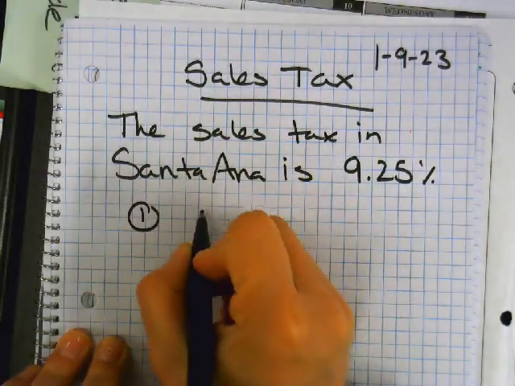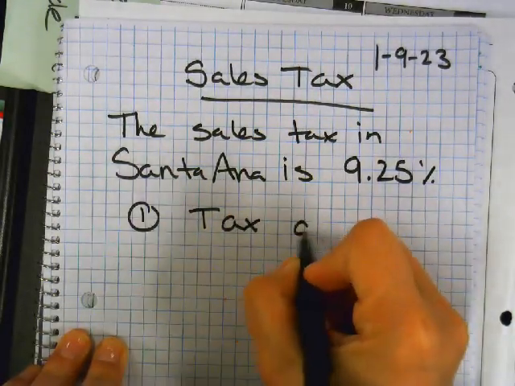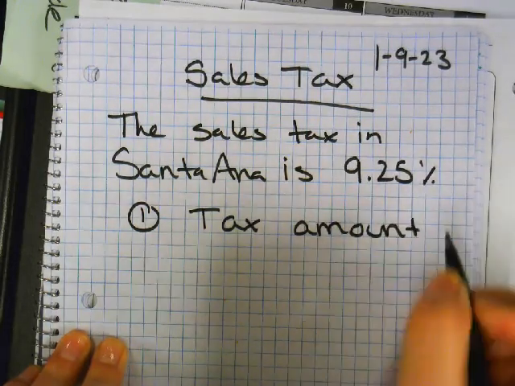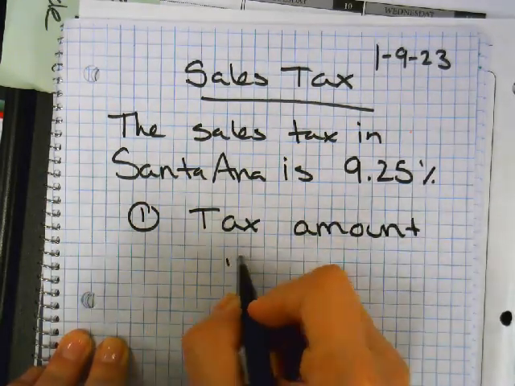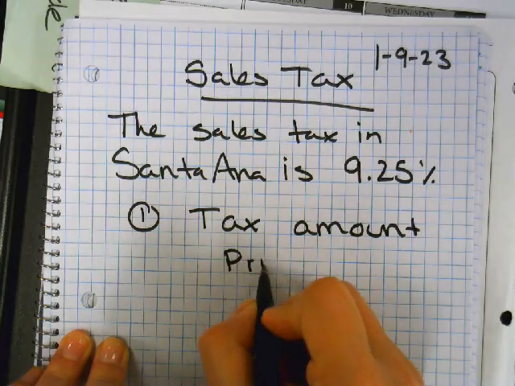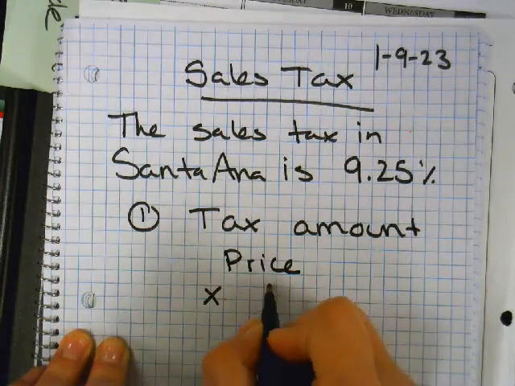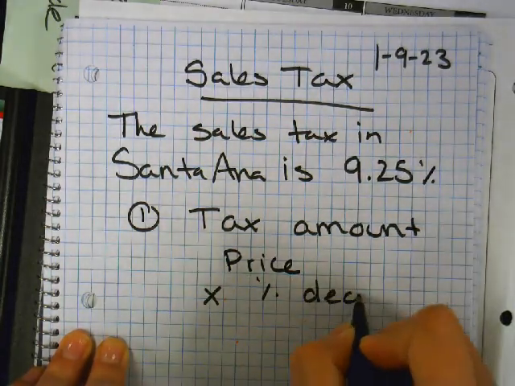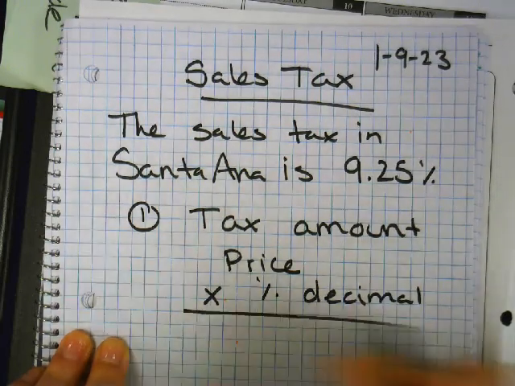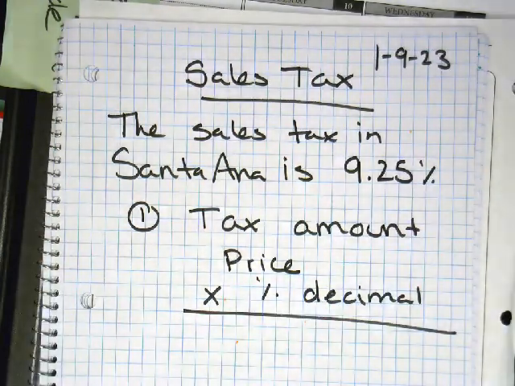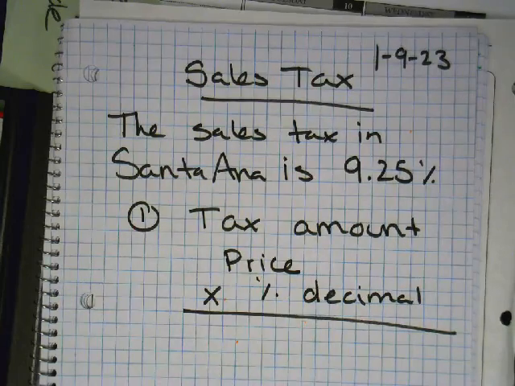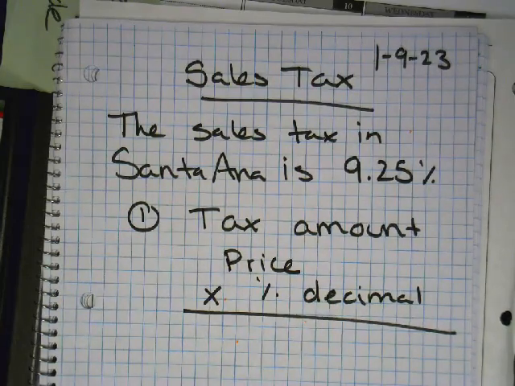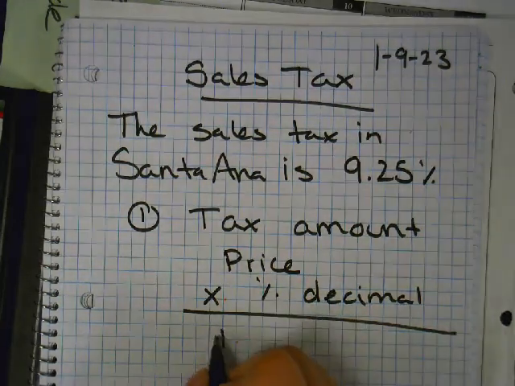Okay, first step. You will find the tax amount. You take the price and multiply it by the percent written as a decimal. So the very first step is exactly the same as discount. Price times percent gives you your tax amount.